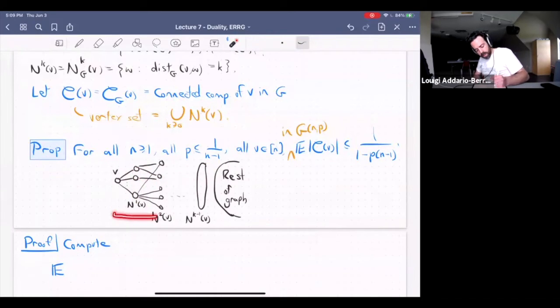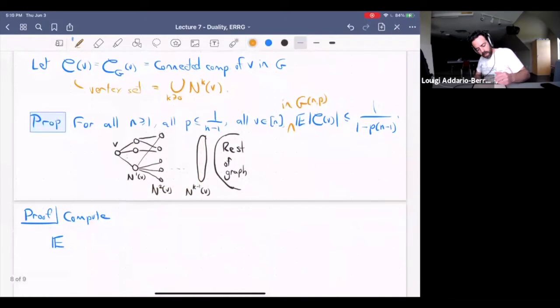I've reached level k-1, and now I'm asking how many edges I expect from the (k-1)st neighborhood into the rest of the graph. So that's asking about the size of N_k(v) given the neighborhoods N_j(v) for j at most k-1.